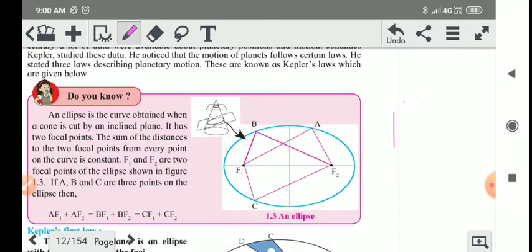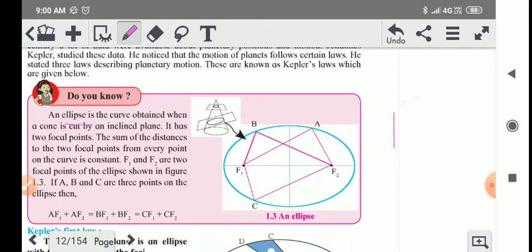An ellipse is the curve obtained when a cone is cut by an inclined plane. It has two focal points. The sum of the distances to the two focal points from every point on the curve is constant.